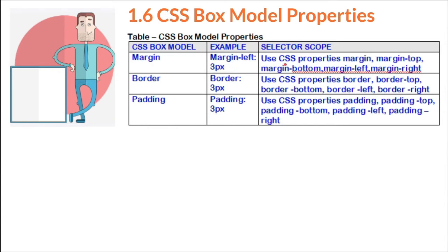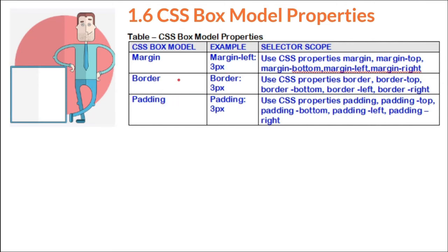Using the CSS properties margin, margin top, margin bottom, margin left, and margin right, we can alter a particular margin, left or right or top or bottom. Or if we want to affect all margins around the box, then we could just use the word margin.